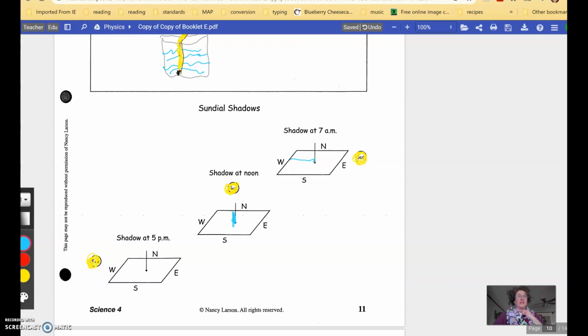We're looking towards Santa Rosa, standing out there in the afternoon, and our shadow is going to be this way, going this way. So our shadow just rotates according to however the earth is on its axis. Make sure you have those colored in, please. And you can review back over any of this video if you would like.